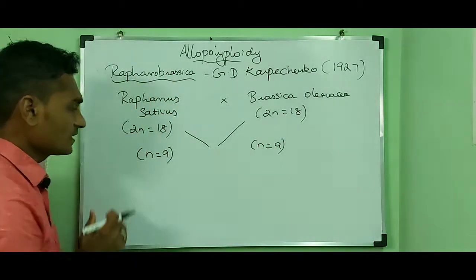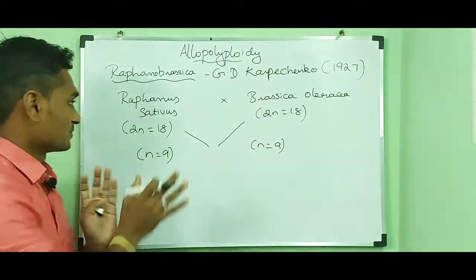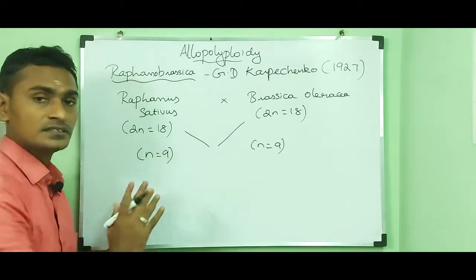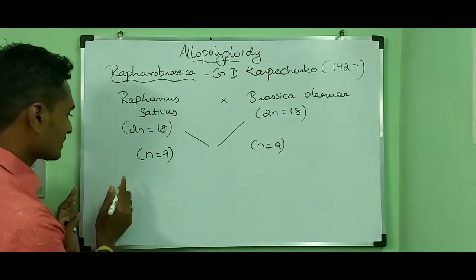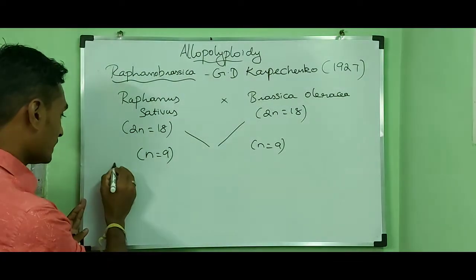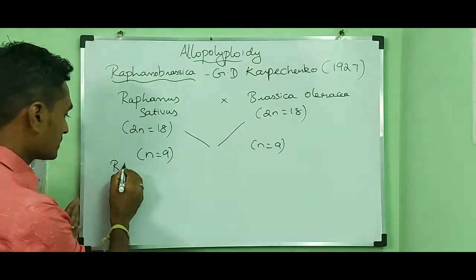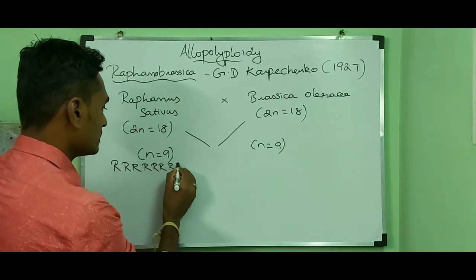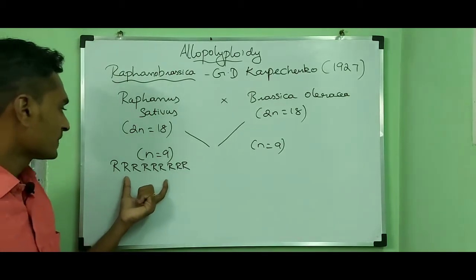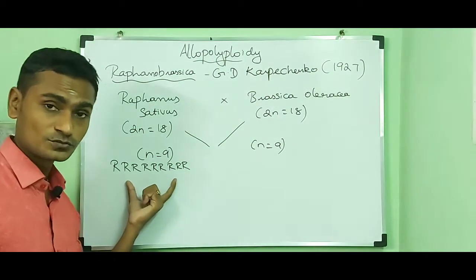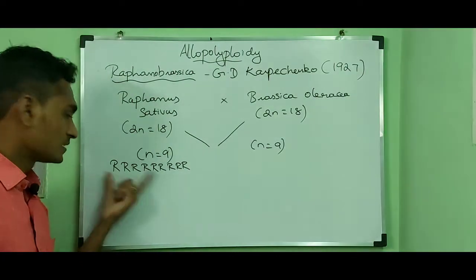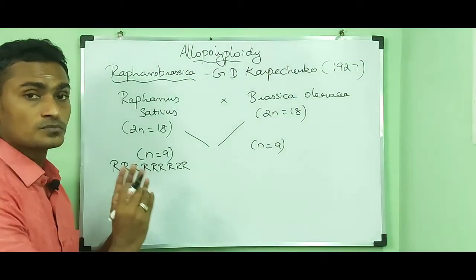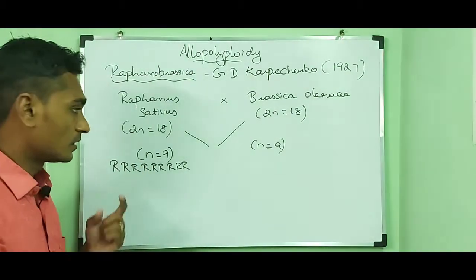For our convenience I am going to write the chromosomes. The gamete contains 9 chromosomes, denoted by capital R.